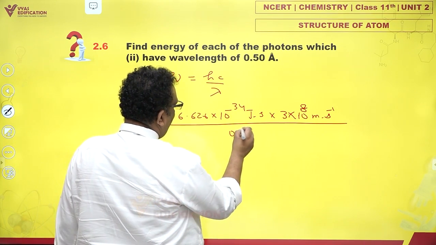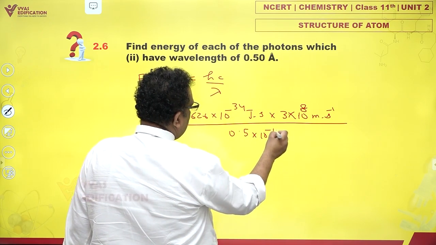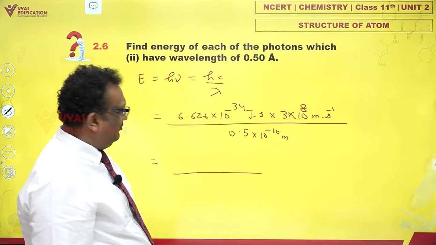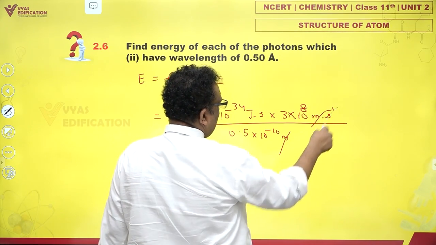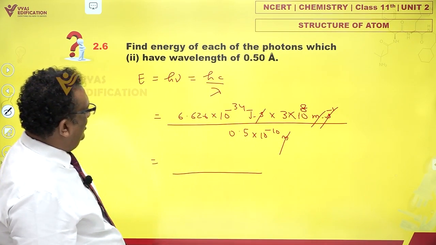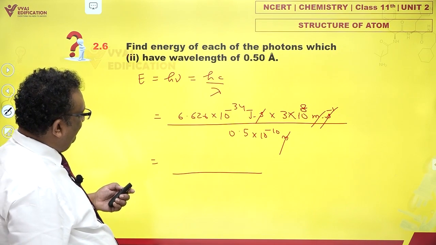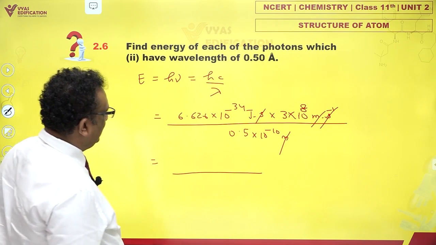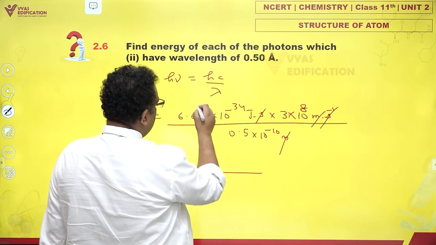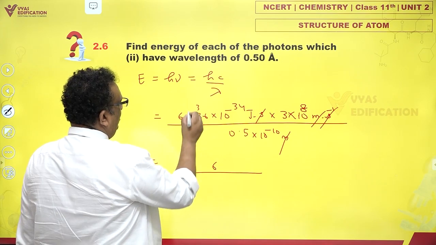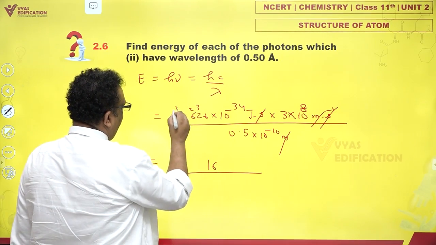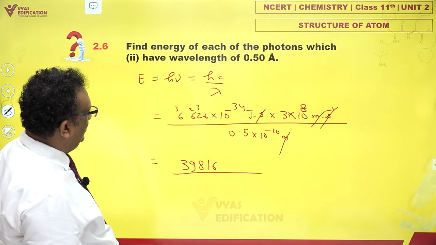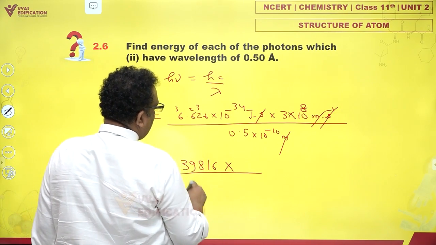It is 0.5 into 10 raised to minus 10 meters. Can I find this? Of course I could find this in joules. Meter gets cancelled, per second gets cancelled. This is awfully ugly. 3 by 0.5 is 6, so we just multiply by 6. Oh, this is heavy.